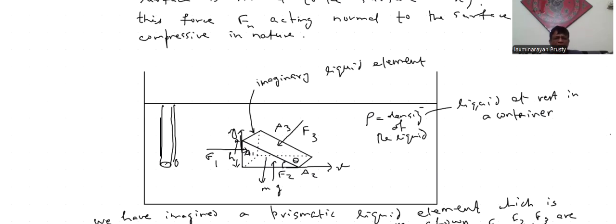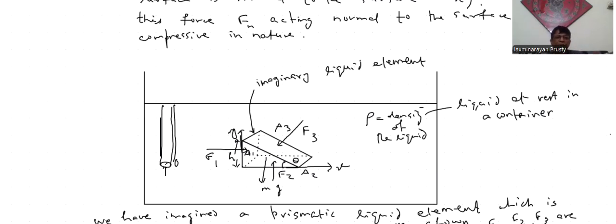If I take a vertical area, how do I find Fn? If I take a horizontal area, then the weight of the liquid plus the atmospheric force, both together, will make this force. Both together will balance the normal force from below. So Fn will be the weight of the liquid plus the atmospheric force, divided by area. Then the next step is to tend area to 0. That must be done.